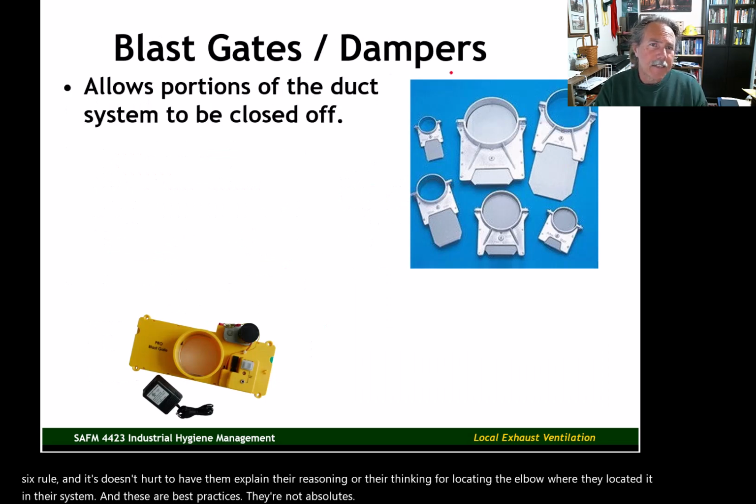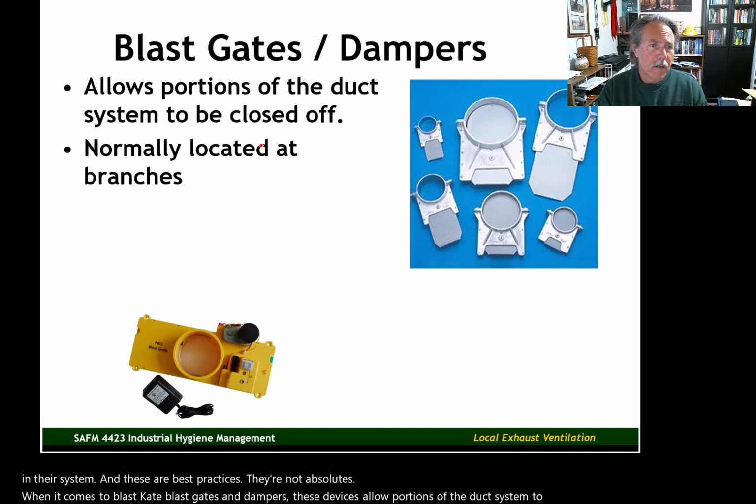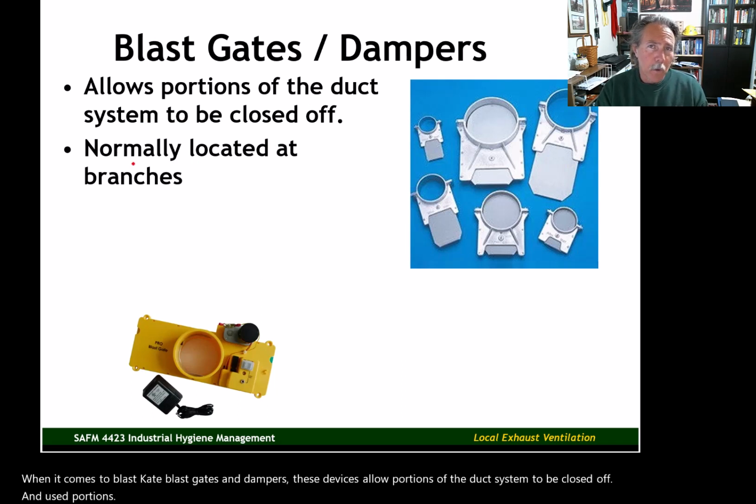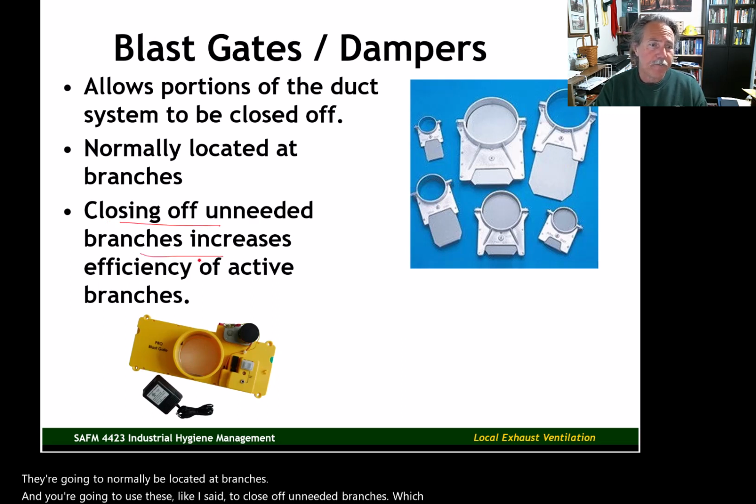When it comes to blast gates and dampers, these devices allow unused portions of the duct system to be closed off. They're normally located at branches, and we use these to close off unneeded branches, which is going to increase efficiency of the active branches.